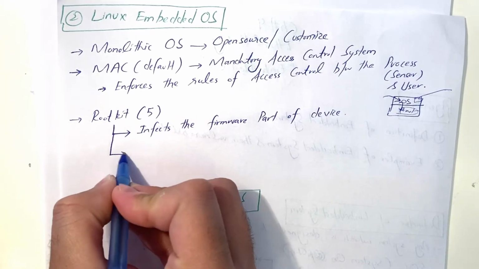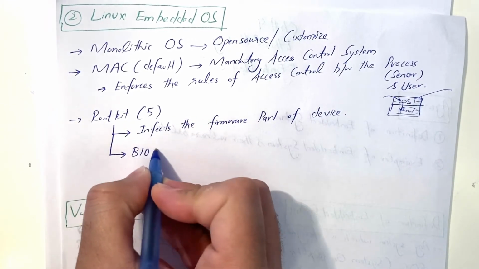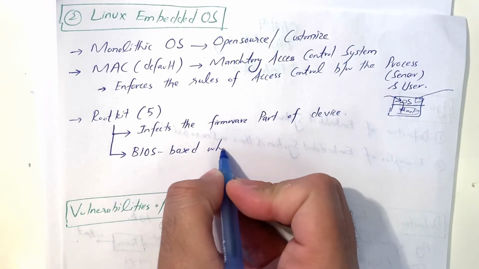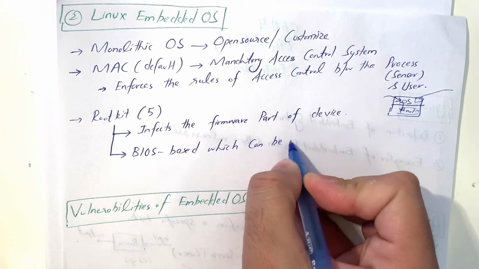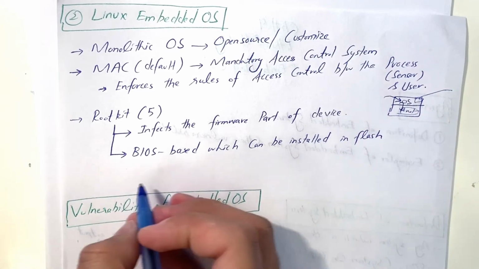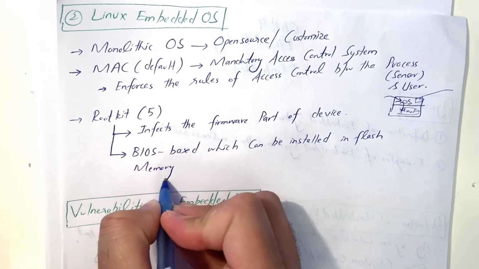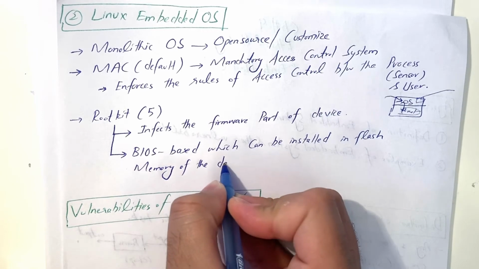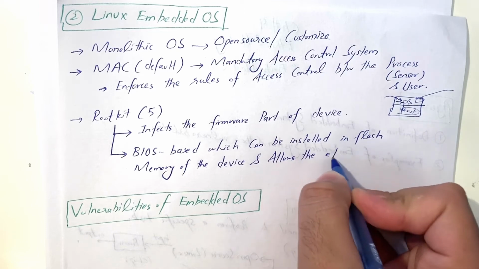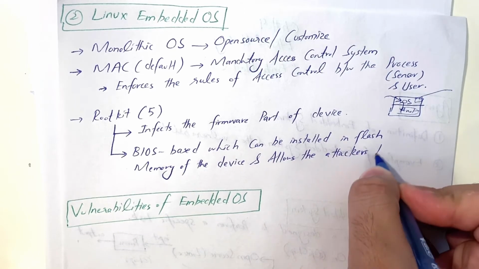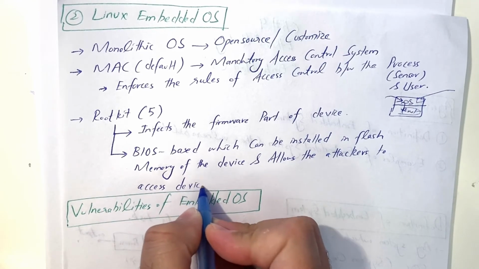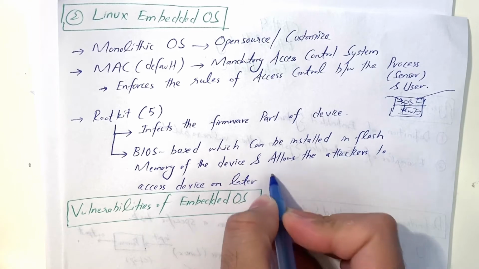Other than that, some of the rootkits are basically BIOS based. These are BIOS-based rootkits, which can be installed in the flash memory of the device, and allow the attackers to access the device on later dates as well.